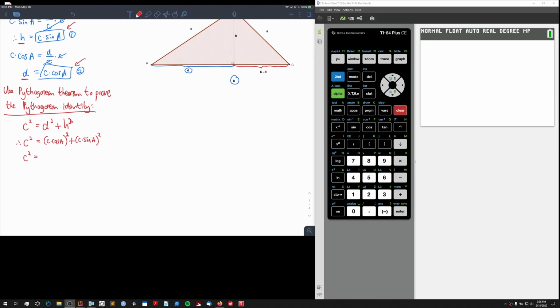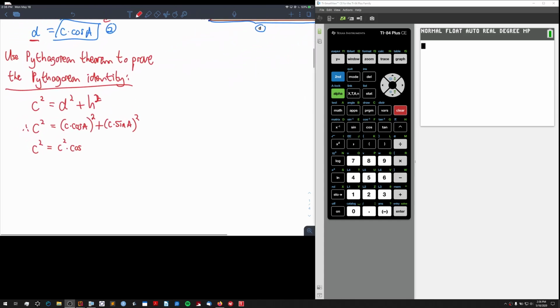C squared is, now remember, if you square a product, you just get the product of the squares. So I get C squared times cosine. Now, please, this is a notational thing. You'll see in trigonometry, the more trigonometry you do, we write it like this, cosine squared A. But what it actually means is this.